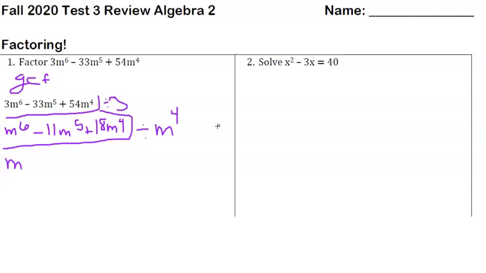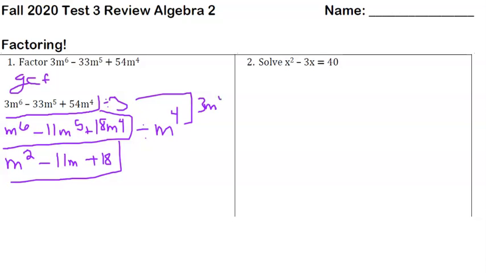So 6 minus 4 is 2, so we have m squared minus 11m to the 1st power plus 18, and there's no more m's. They canceled out. So your GCF is 3m to the 4th power, and this is what's left over in the parentheses.